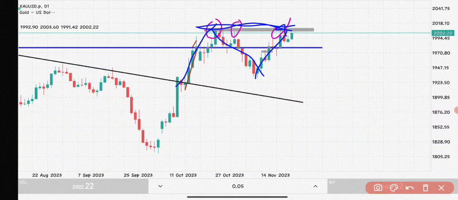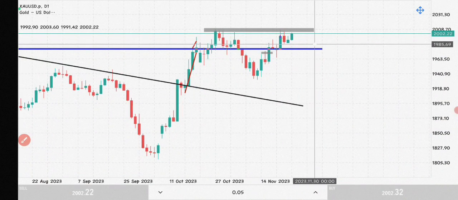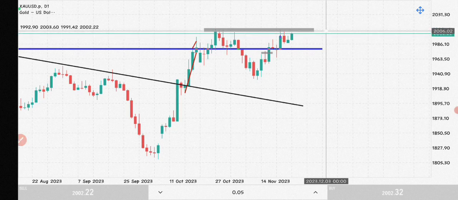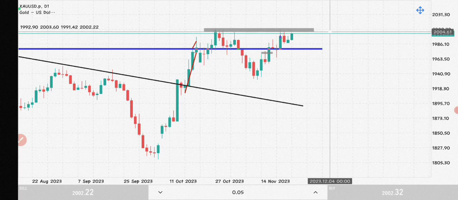We're expecting that the market will hit around, let's check, around 2026, right? That's where we're expecting that the market should hit.